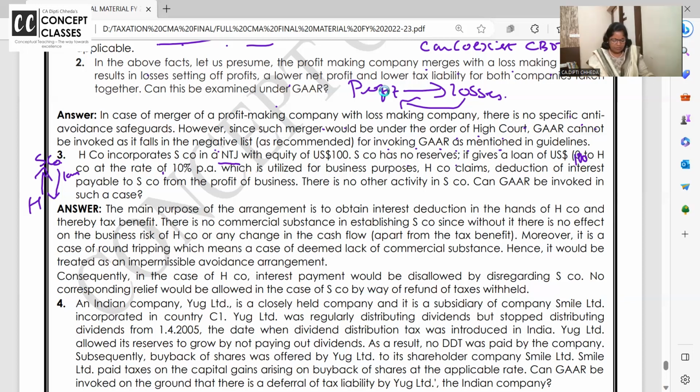HCO claims deduction of interest payable to ESCO from the profit. There is no other activity of ESCO.